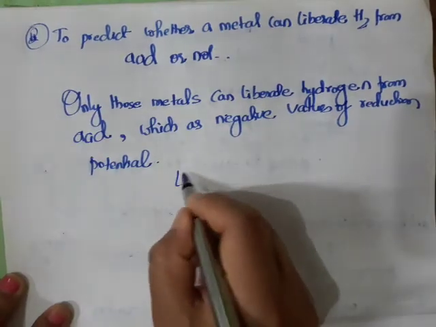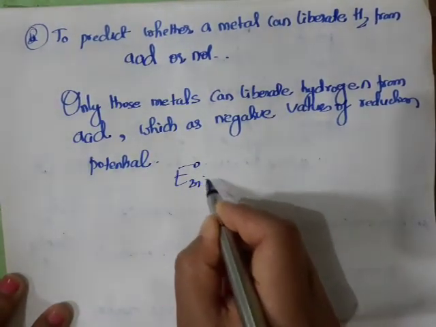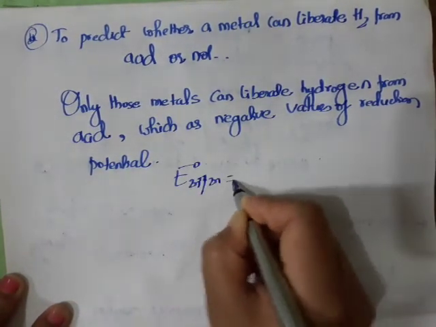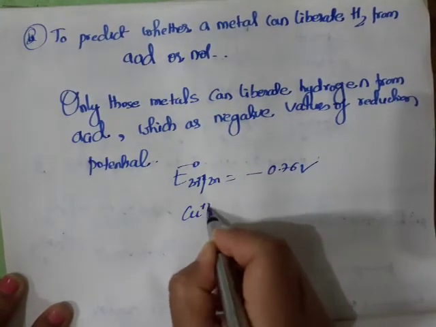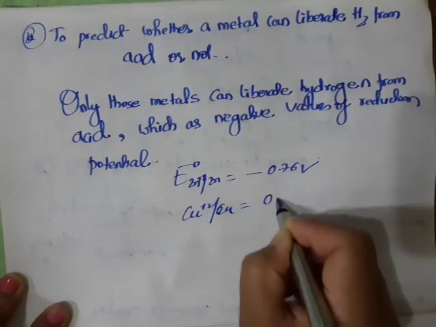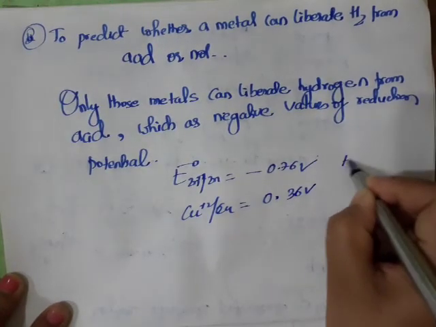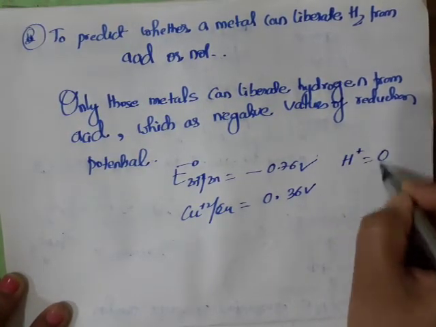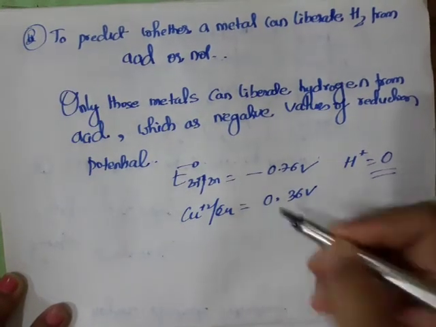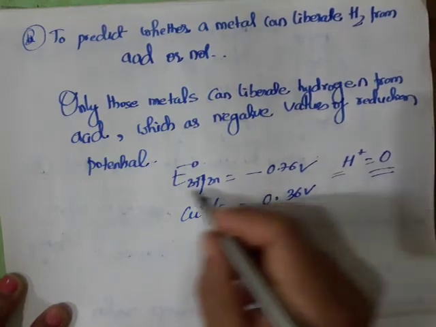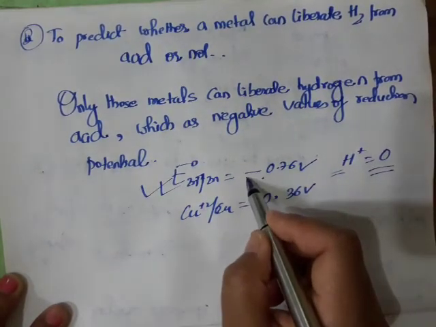The standard electrode potential of zinc is minus 0.76 volt, that of copper is 0.34, and hydrogen is 0. Among the two, which metal can liberate hydrogen from acid? It is zinc, because it has a negative value.